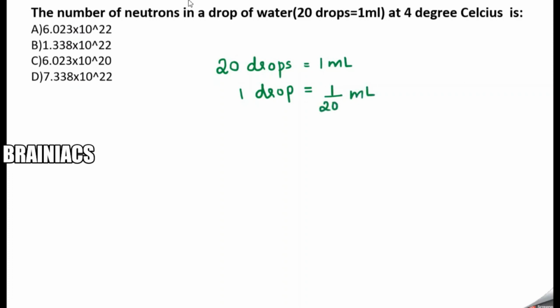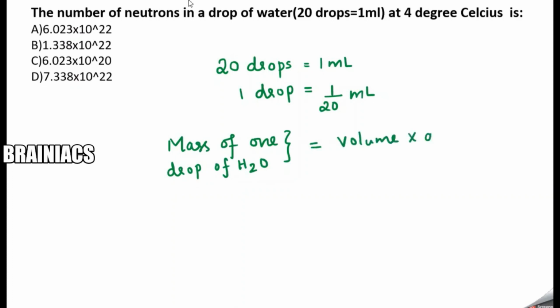Now we can find out the mass of one drop of water. So mass of one drop of water, H2O, is equal to, we know mass is equal to volume into density. And always remember, density of water is always fixed.